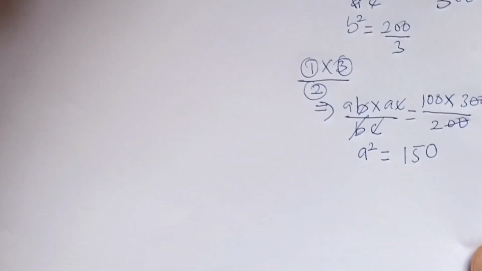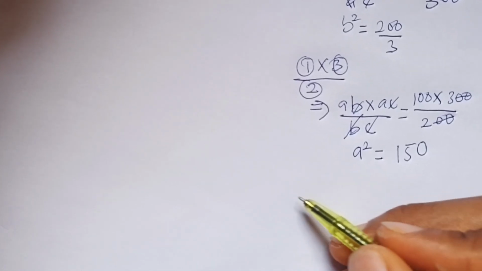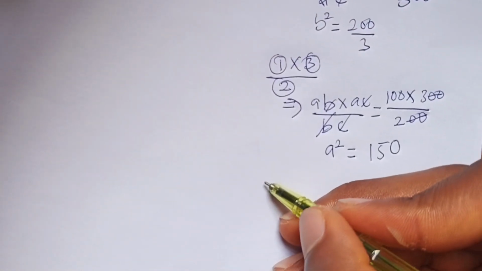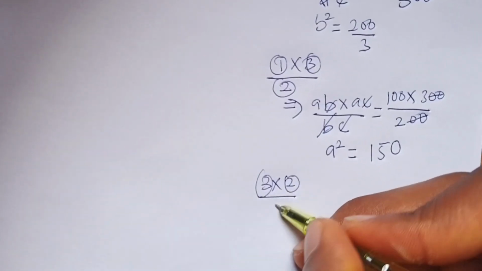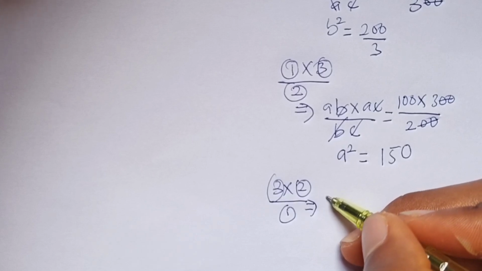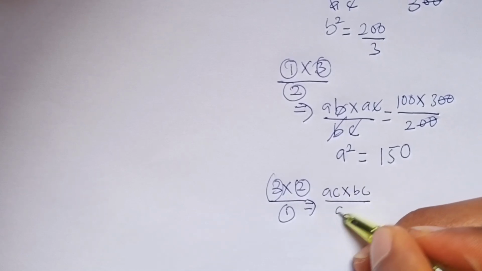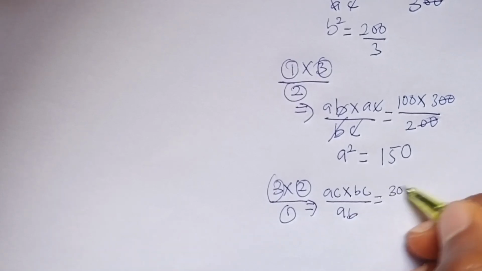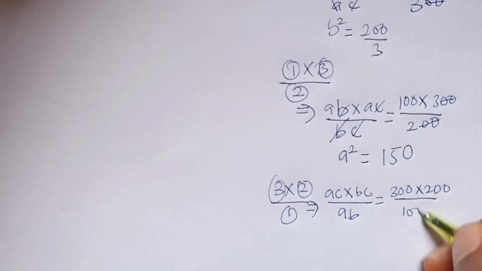Now moving on, we can also do the same thing again. So we have equation 3 multiplied by equation 2 all over equation 1, which implies we are going to have AC times BC all over AB to be equal to 300 times 200 all over 100.